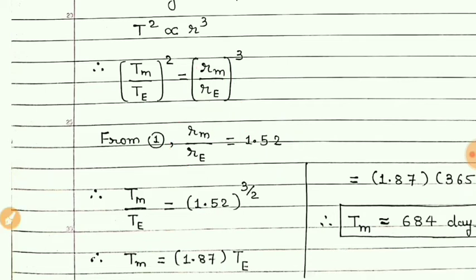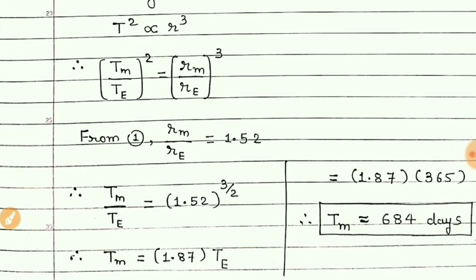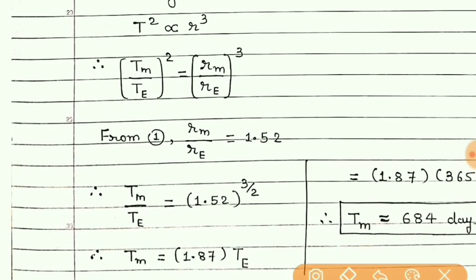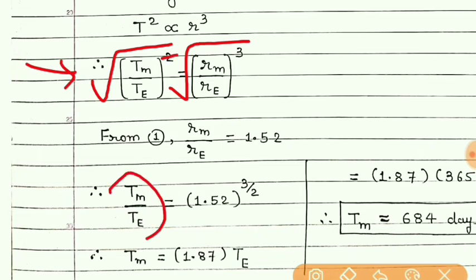but you can see here we have taken the square root on both sides. So when the square root is taken on the left side, this 2 is removed. So what remains? Tm upon Te.